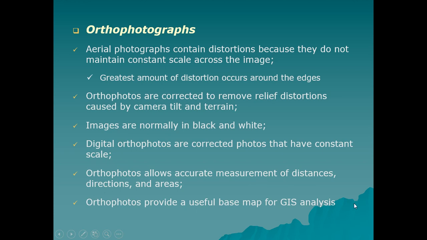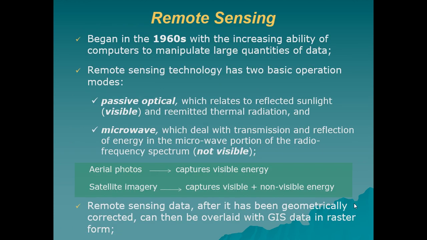Alright, let's talk a bit about remote sensing in general. So remote sensing, we would have talked about this before as well. Remote sensing, we know, is the process of collecting information about the Earth's surface and the features on the Earth's surface without being in physical contact with it.